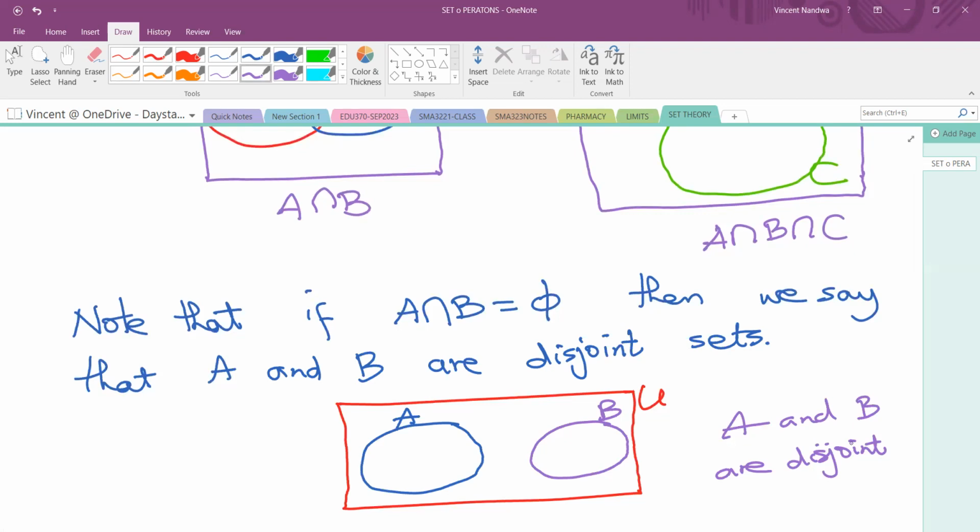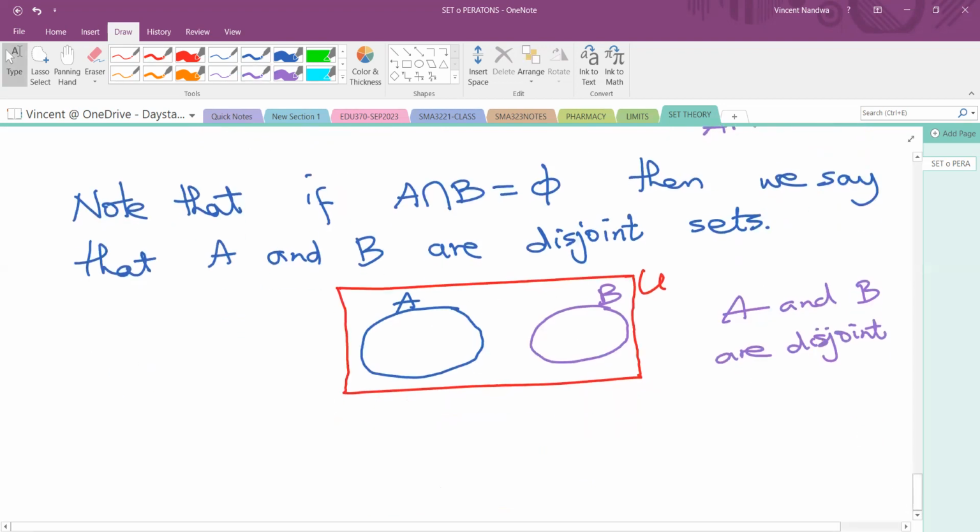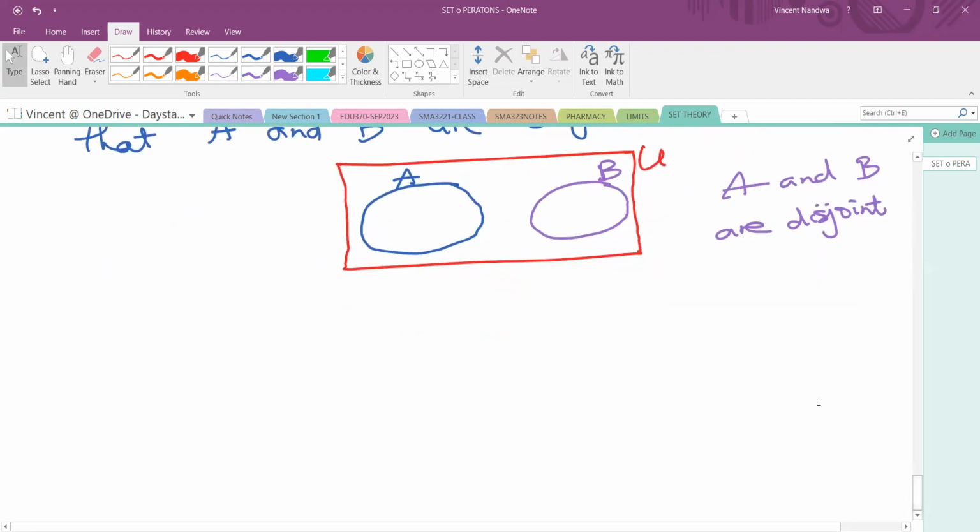And in a similar manner, you can draw a diagram to show three disjoint sets A, B, and C, and even n sets which are disjoint.